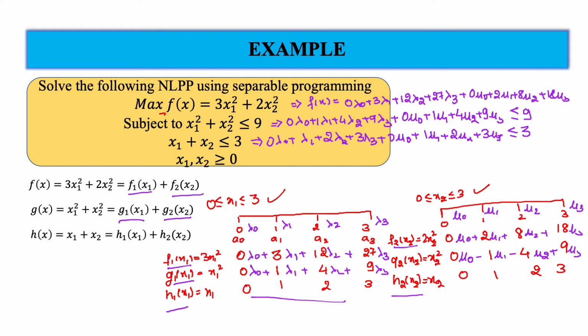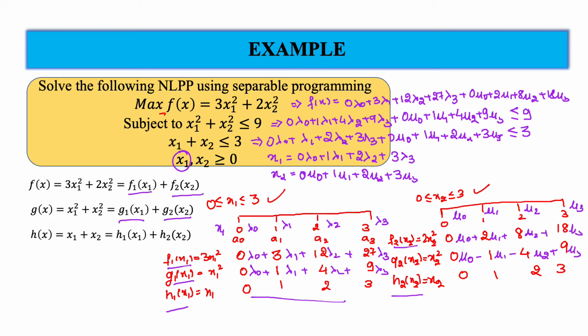Now what is the linear approximation of x1? x1 is equal to 0 lambda naught plus 1 lambda 1 plus 2 lambda 2 plus 3 lambda 3, and corresponding to x2 it is 0 mu naught plus 1 mu 1 plus 2 mu 2 plus 3 mu 3.